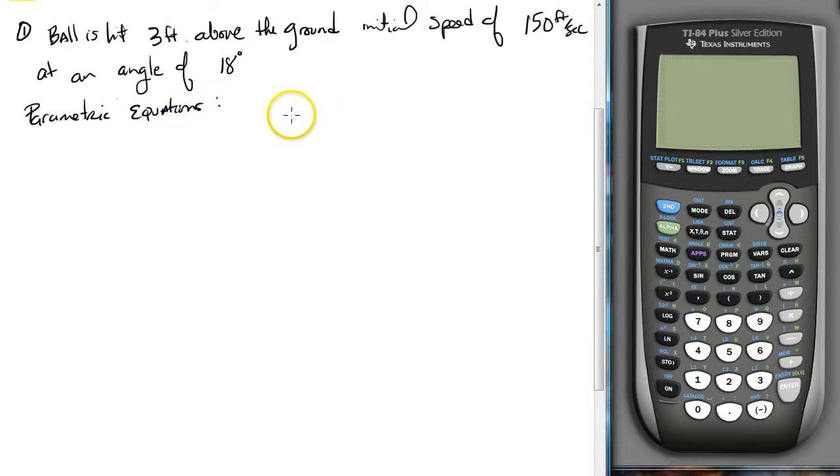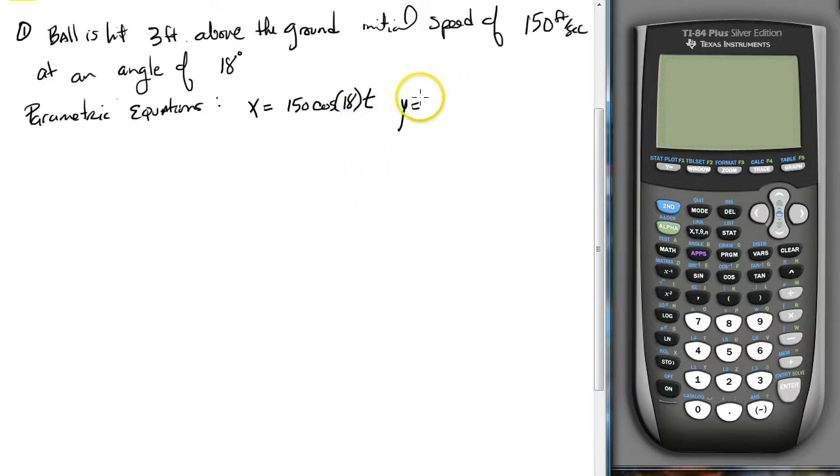All right, so we have those two formulas we're going to use. The x component is v cosine t, so it's going to be 150 cosine of 18 degrees, and then we multiply this by t. When we use our calculator, make sure we close the parentheses after the 18.